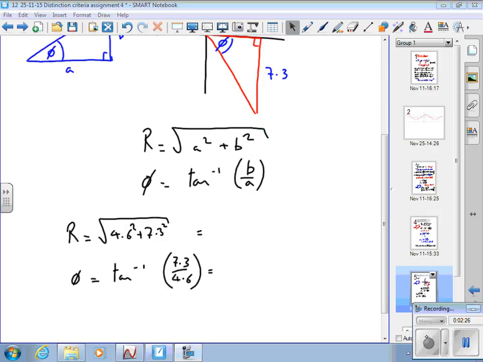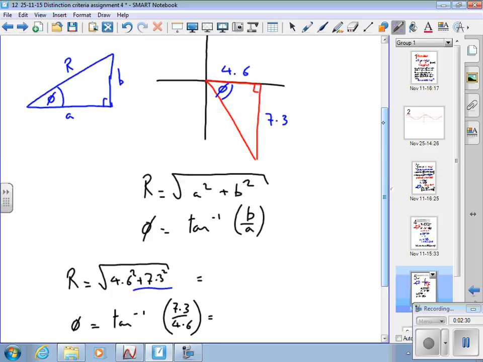So when we put these values in, just put the 7.3 in. You've got to be careful: if you put minus 7.3 into the calculator and then hit the square button, what do you get?